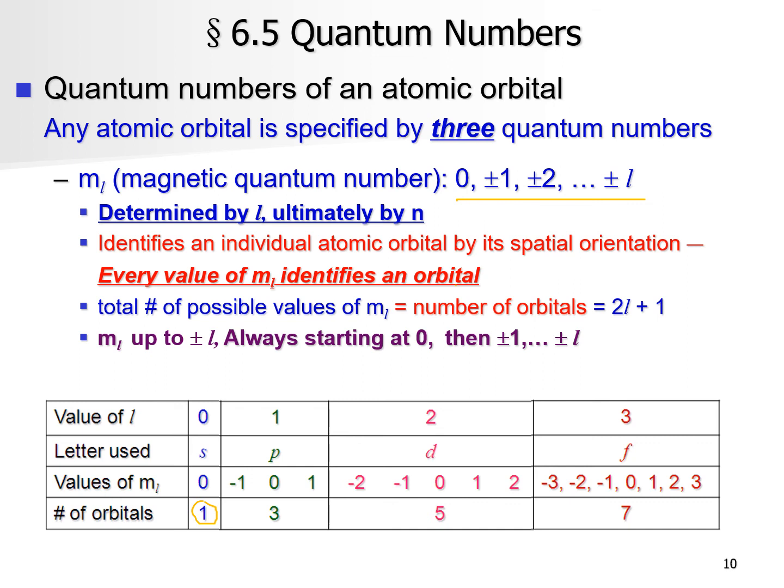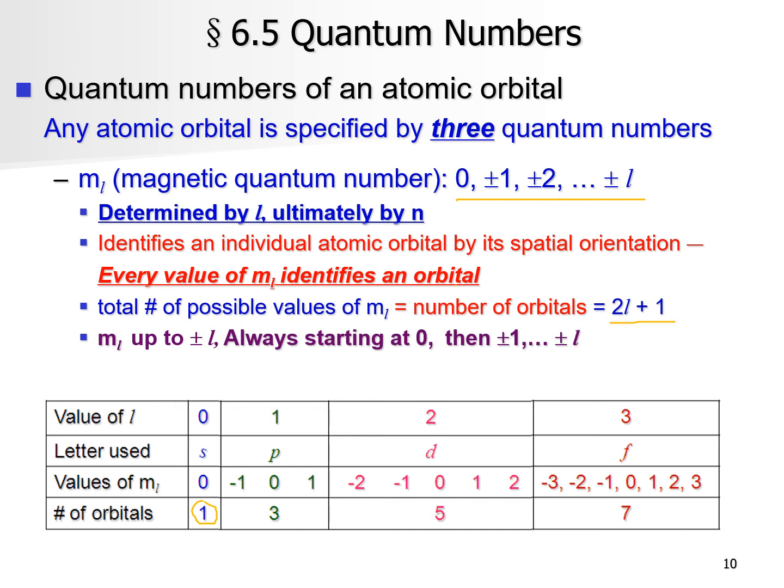When we look at the number of orbitals with l, we suddenly realize the mathematical relation is 2l plus 1. 2 times 1 plus 1 is 3. 2 times 2 plus 1 is 5. 2 times 3 plus 1 is 7.